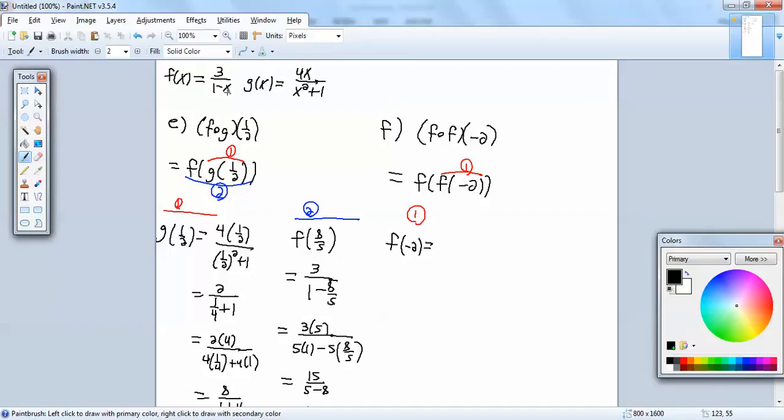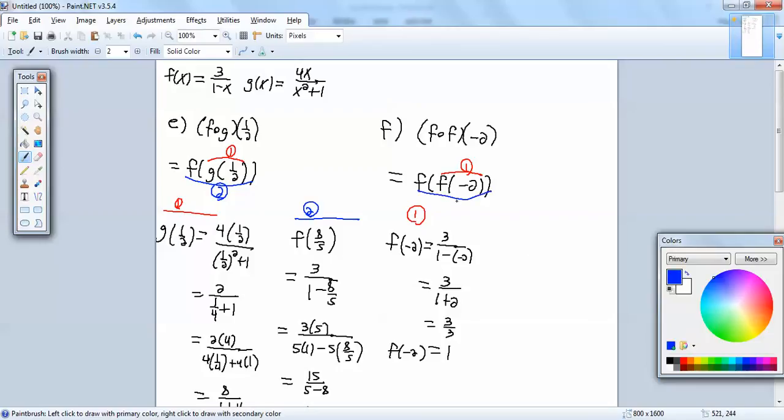We'll go to our f of x and replace the x with -2. So I got 3 over 1 minus -2. Negative negative becomes positive, so that's 1 plus 2, which is 3, which gives us 1. So f of -2 is equal to 1.